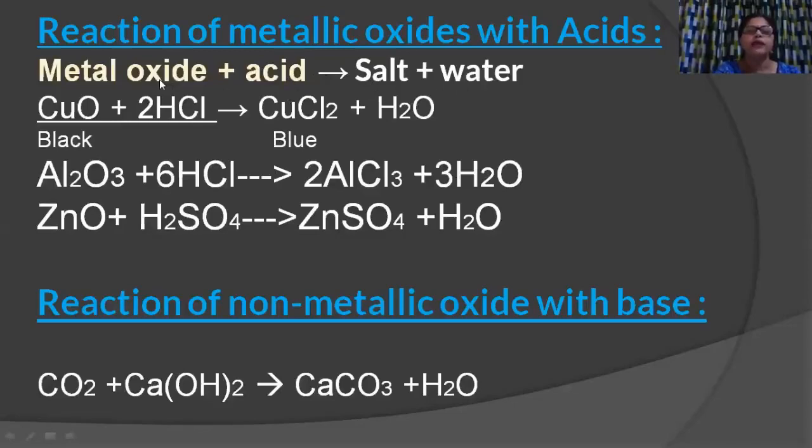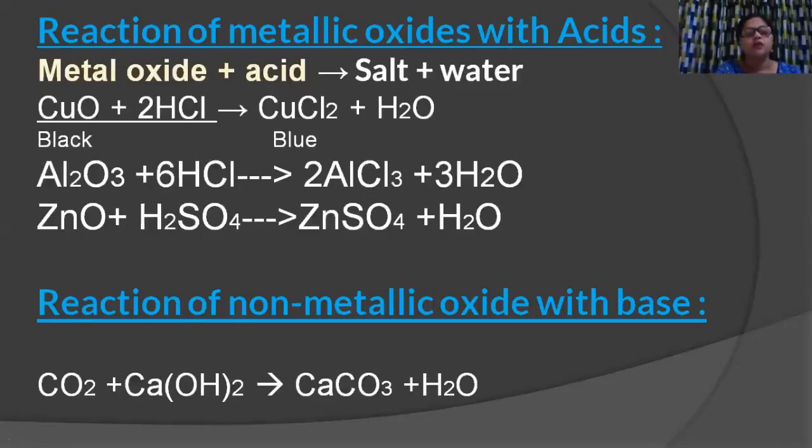And here, metallic oxide is reacting with acid to form salt and water. So in this condition, we can say that metallic oxides are basic in nature. This type of question can be asked in your exam.